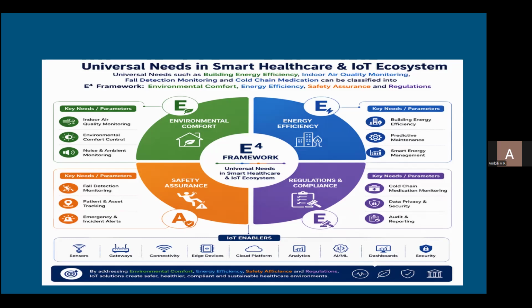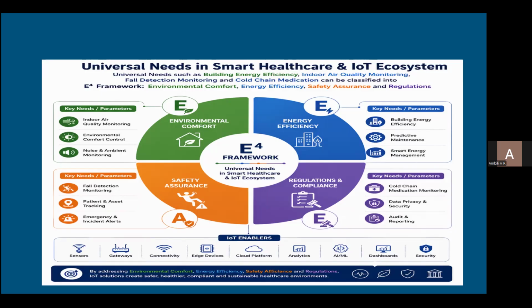The third requirement is audit and reporting. Regulatory agencies often require detailed records of healthcare operations, where IoT systems automatically generate logs and reports, simplifying compliance management. The fourth requirement is regulatory compliance.